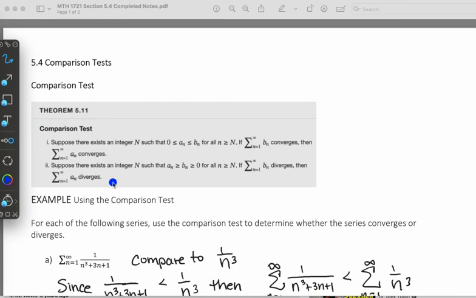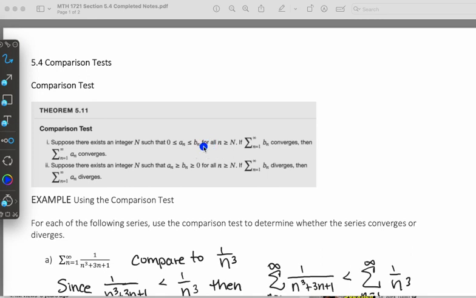So the comparison test, we look for a series that we know converges.